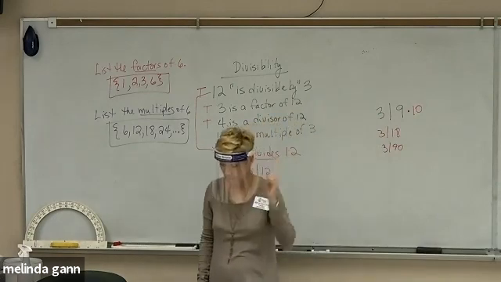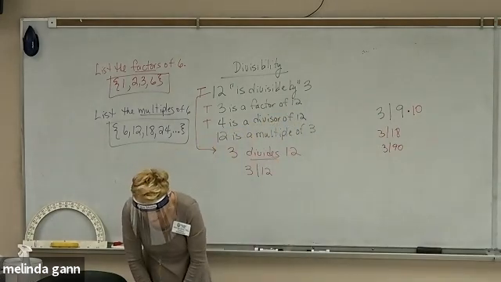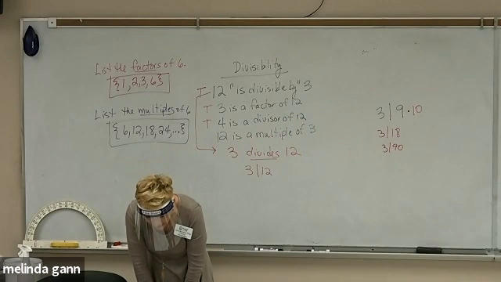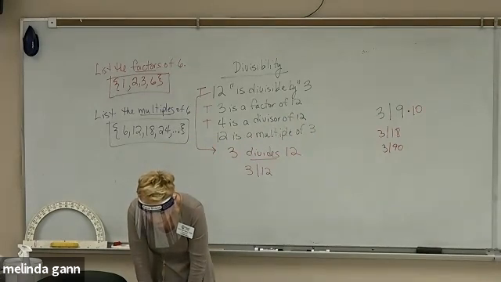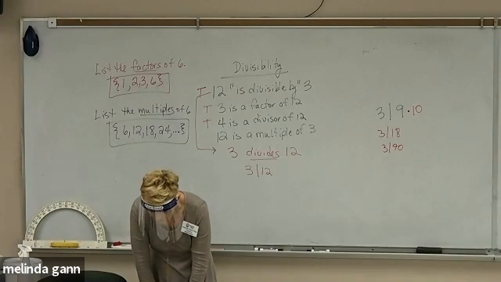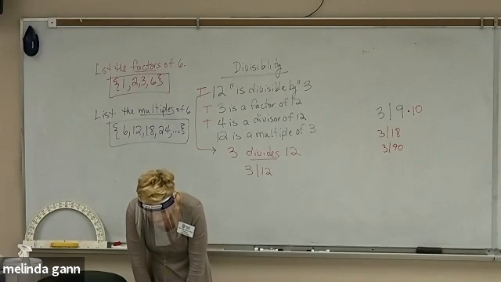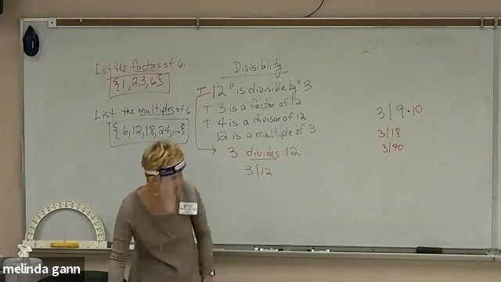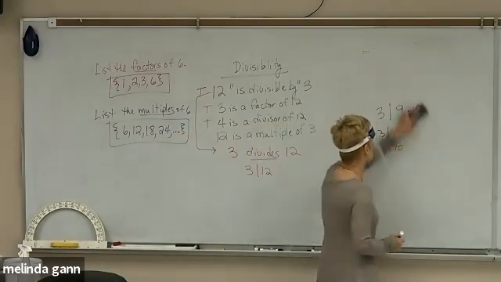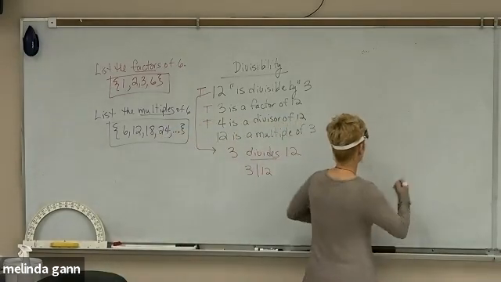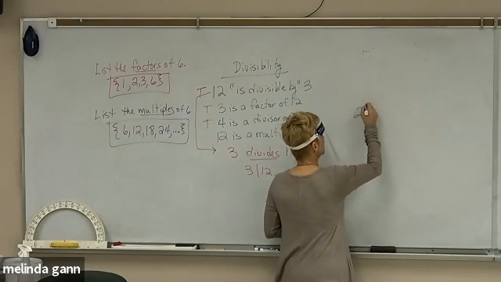Okay? Then on page 187, they say, okay, if D divides A and D divides B, then D divides A plus B. And C says if D divides A and D divides B, and A is bigger than B, then D divides their difference. Now here's what it's basically saying. Does 2 divide 10?